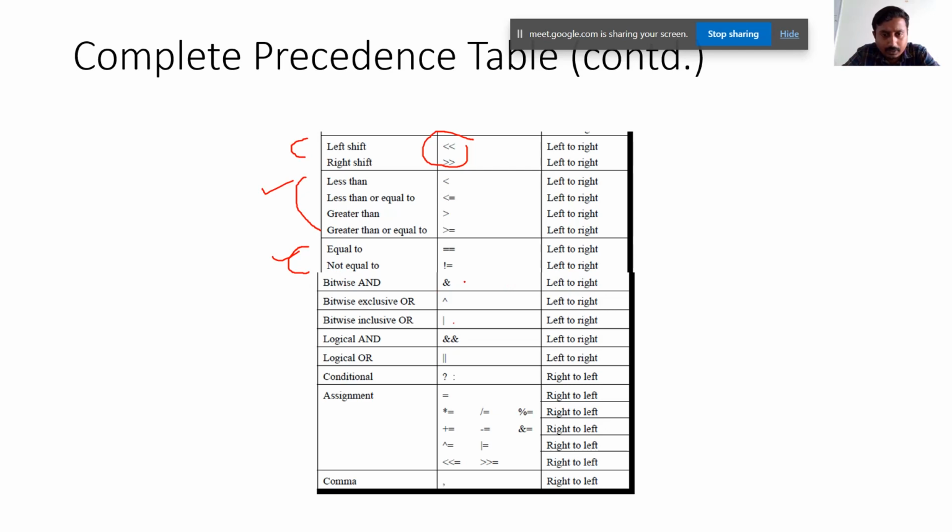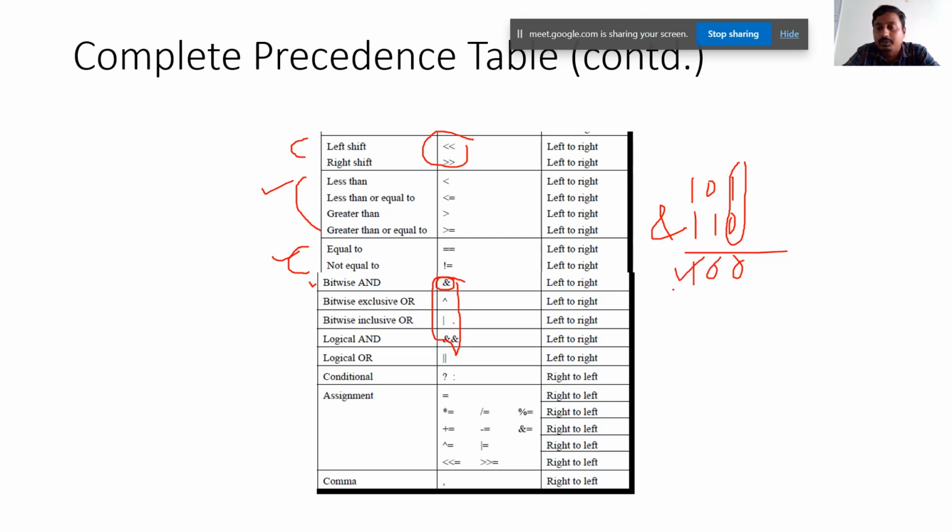Then we have the bitwise AND. If we have a single ampersand, then it will be a bitwise AND. If I have a number like this and this is the second number, and I apply the bitwise AND operator, then 1 and 0 will be 0, 0 and 1 will be 0, 1 and 1 will be 1.